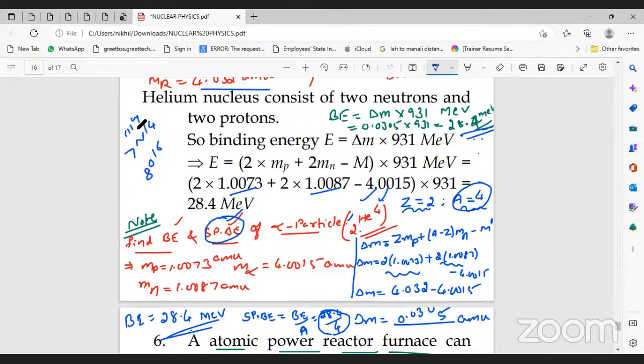Just change the value of the actual mass of the nuclei. For alpha particle, it is 4 point something. Similarly, for nitrogen it is 14 point something, and for oxygen it is 16 point something. So by knowing those masses, you can find the binding energy or the specific binding energy in the same method. Clear?